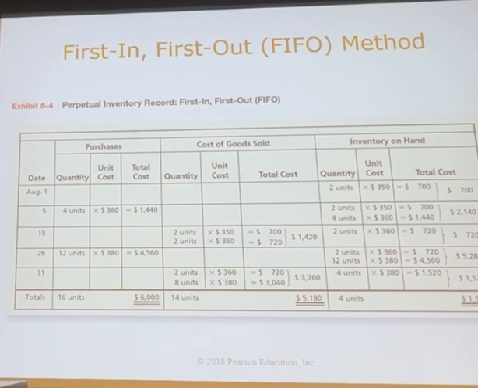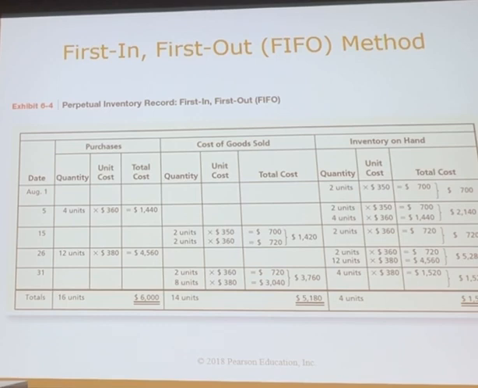Then on August 26th, we purchased 12 more units. We paid $380 each for those. So now what we have in our inventory is 2 units that we paid $360 for and 12 units that we paid $380 for. Then on August 31st, we sell another 10 units. So again, with FIFO, we assume that we sell the oldest units first.